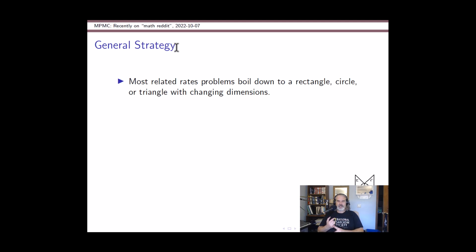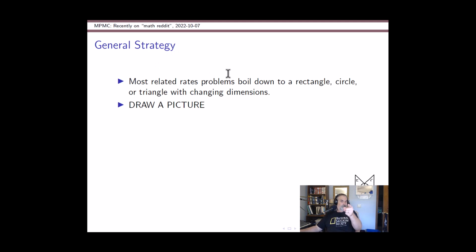It's going to be a circle, a triangle, or a rectangle. Fundamentally, that's 90% of your related rates problems. Involves those shapes. However, parts of the shape, some dimensions of the shape are going to be changing. You're going to know or be told one rate of change, and you're going to have to figure out the other rate of change. So you are relating rates of change. But it's all just about simple geometry.